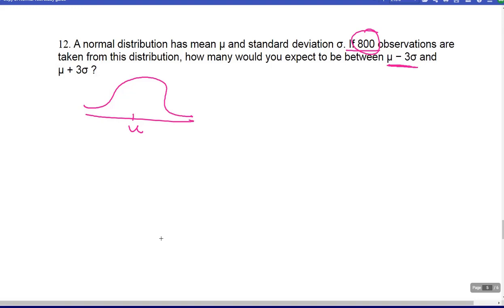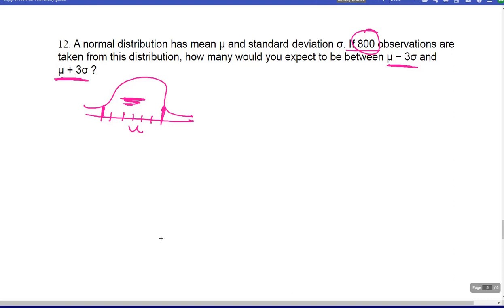Do you see how that's what this means? The mean plus 3 standard deviations, so 1, 2, 3. And then minus 3 standard deviations, 1, 2, 3. What they want to know is what's this area right here?